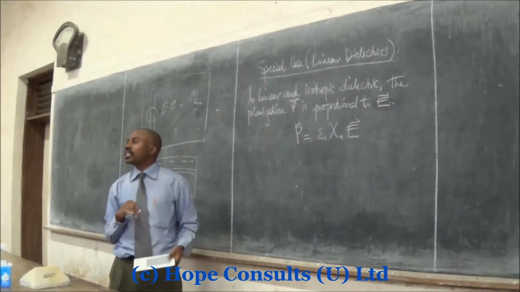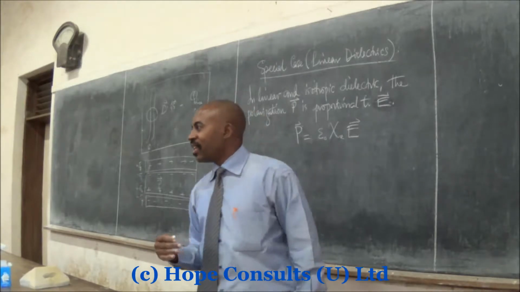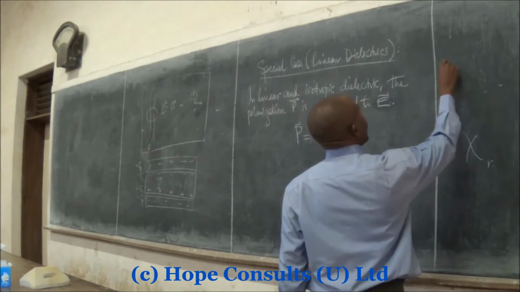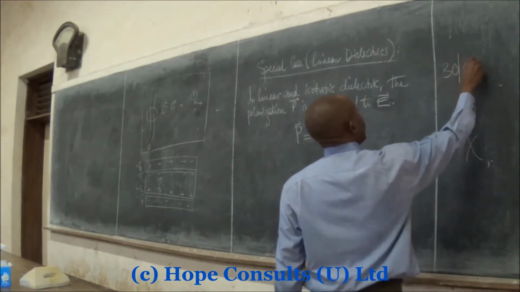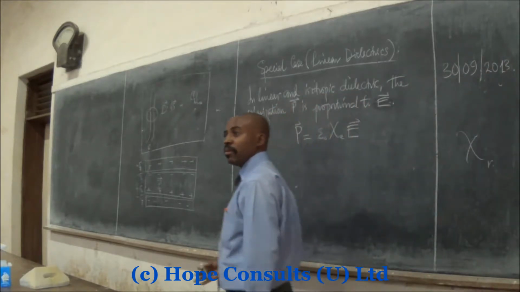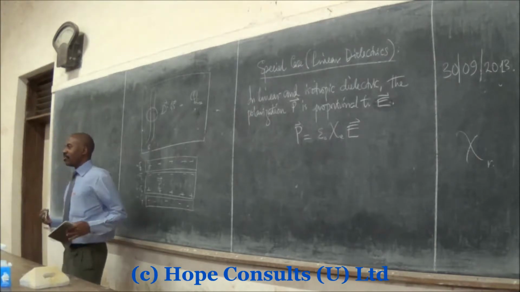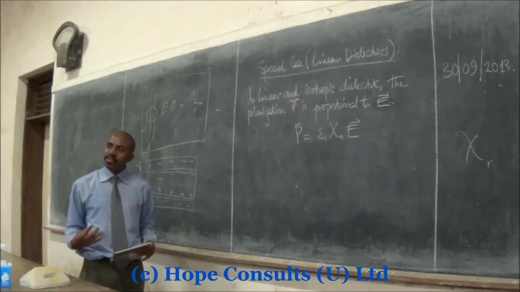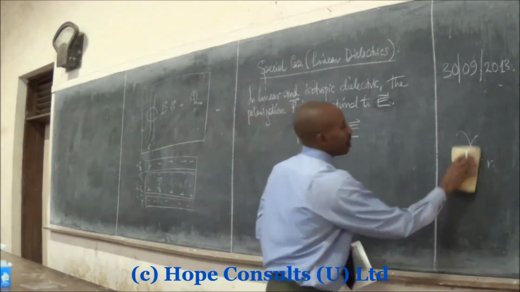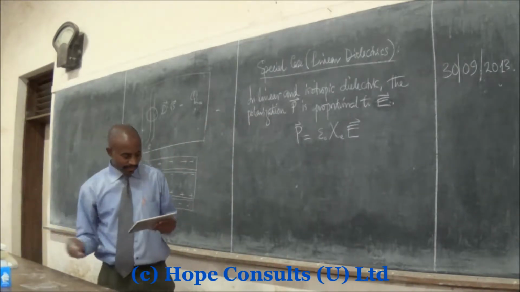So if a material is able to allow electric fields to go through it, that is what we call the electric susceptibility of that material.